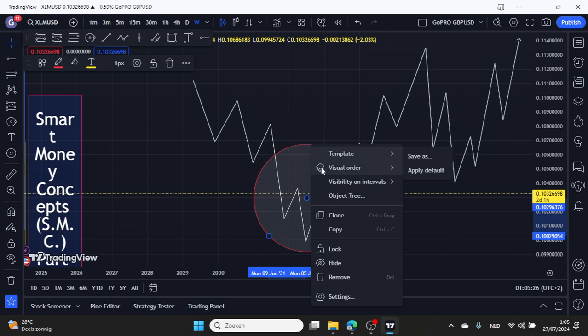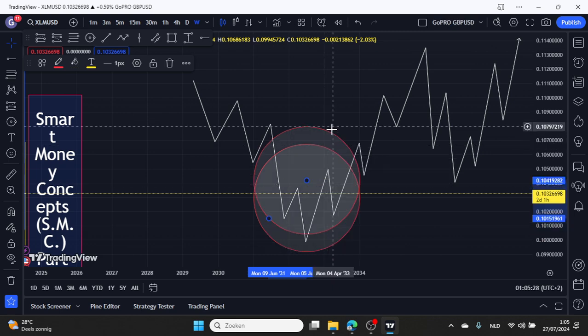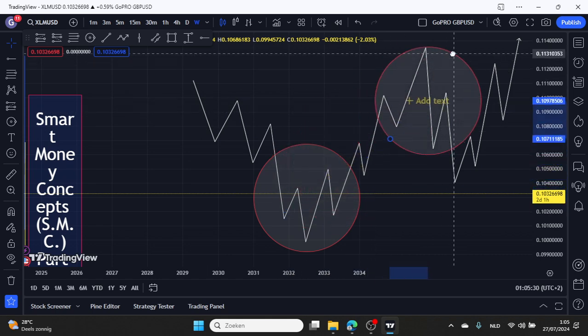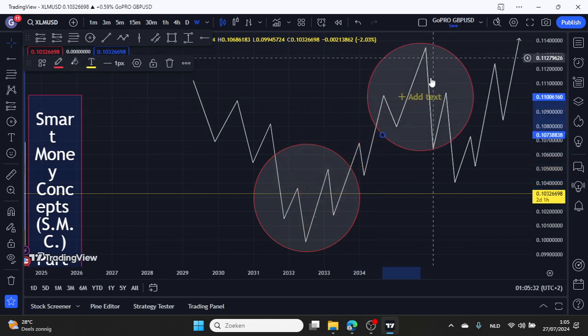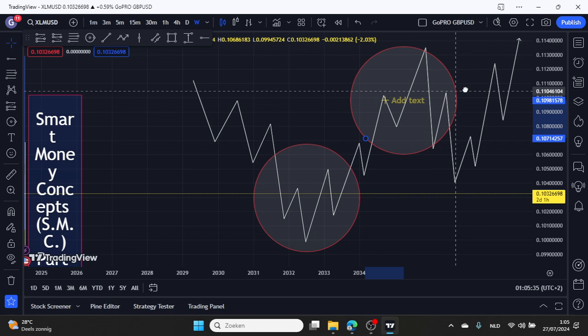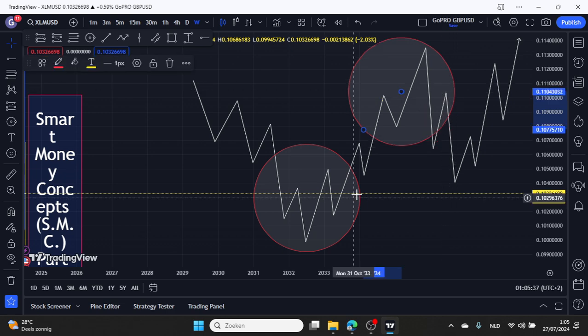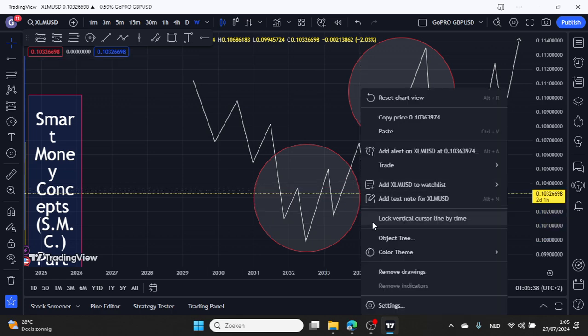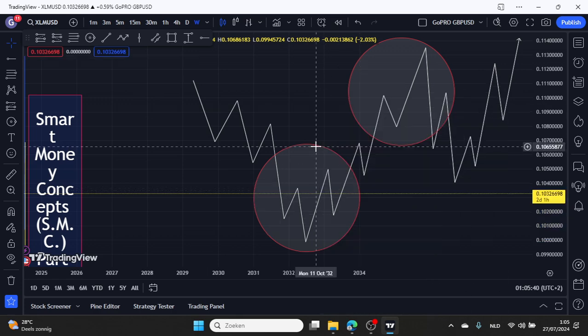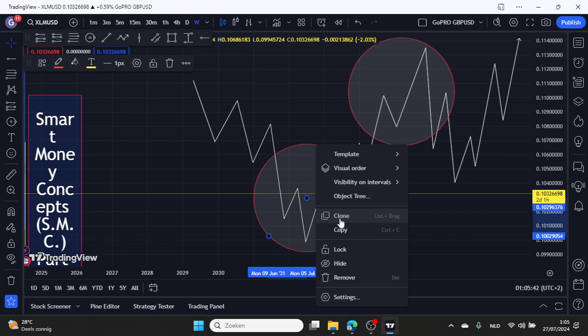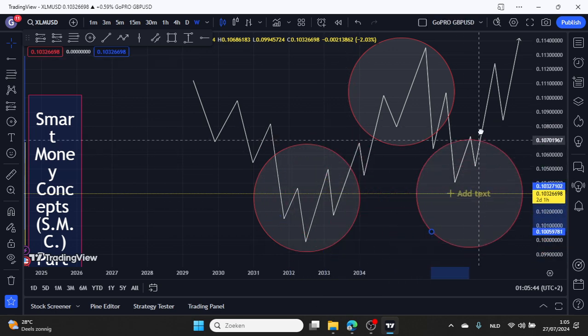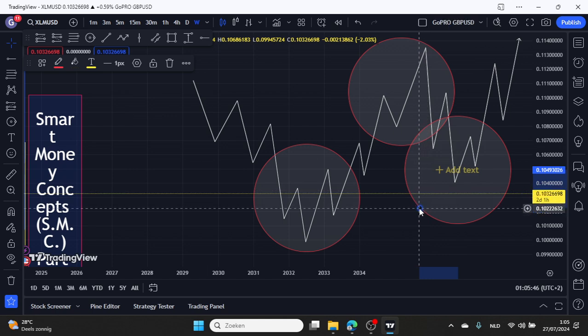And I'll show you that it keeps coming back. We have the same pattern here. Make it a little smaller. And you will see that we have the same pattern here.